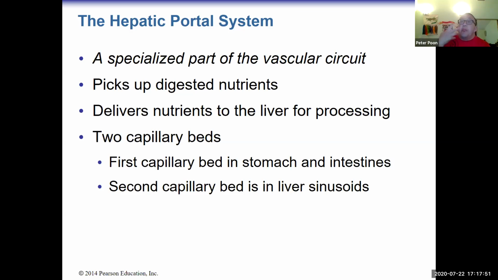But you don't eat just food and you don't eat just nutrients. What you eat is a lot of nutrients and a lot of stuff that you shouldn't have in your body. There are some toxins and waste products that you need to get rid of before that stuff gets into your entire body.